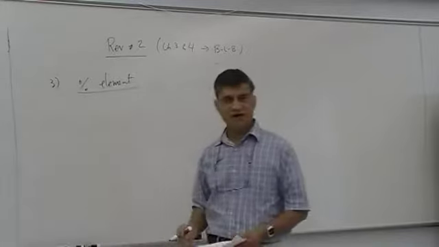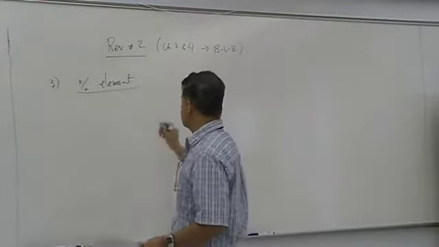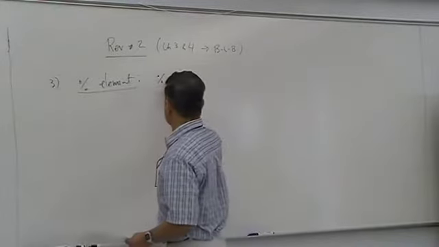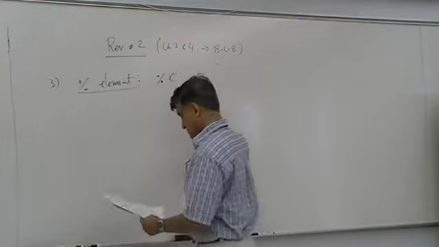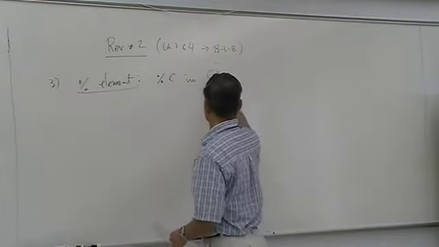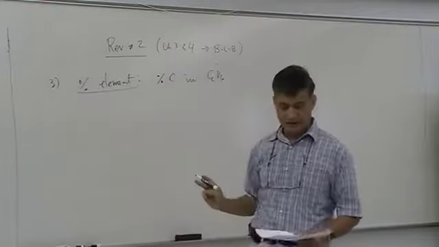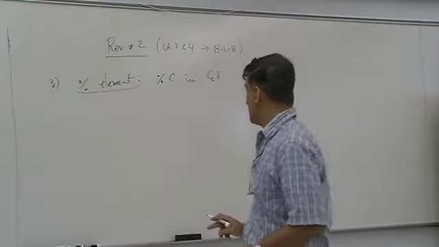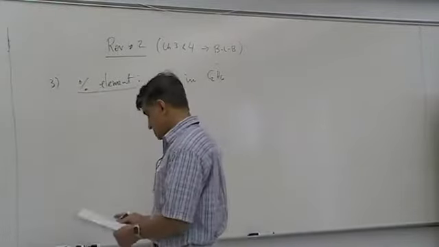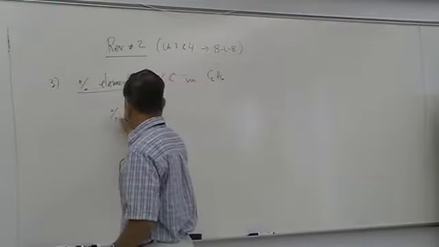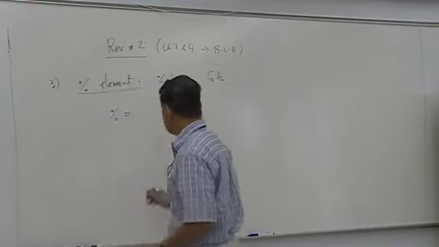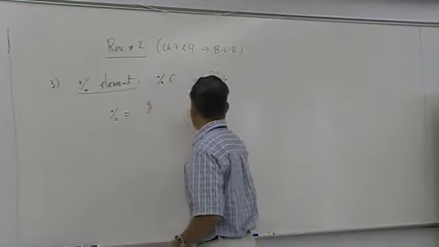So I'll show you one example, and I'll do the calculation of percent carbon in C2H6. This is an organic compound, ethane, having 2 carbon, and I want to calculate percent carbon. So how do I get percent carbon? Percent carbon will be given by grams of total number of carbon.